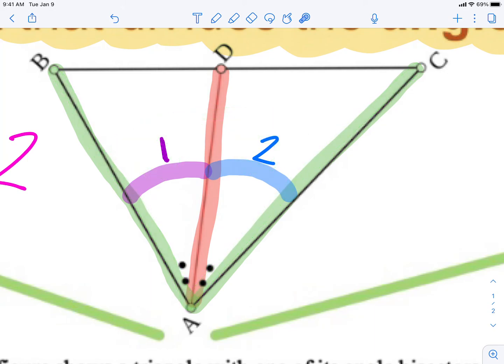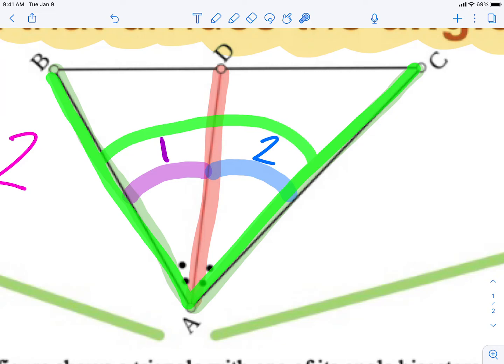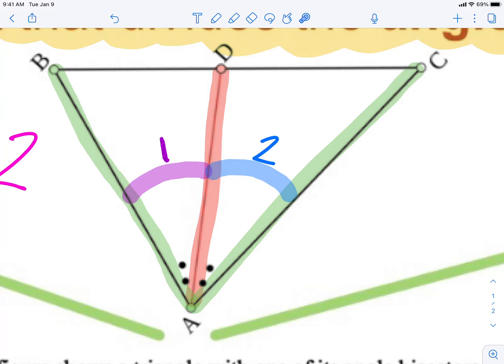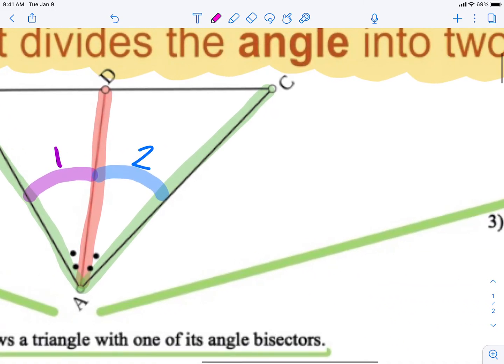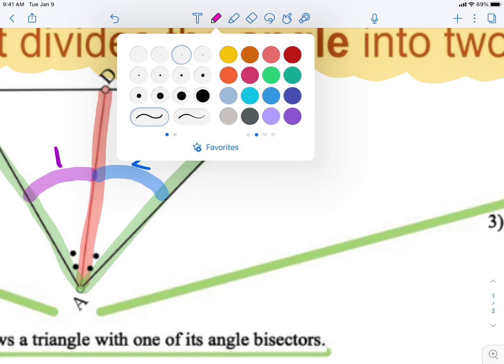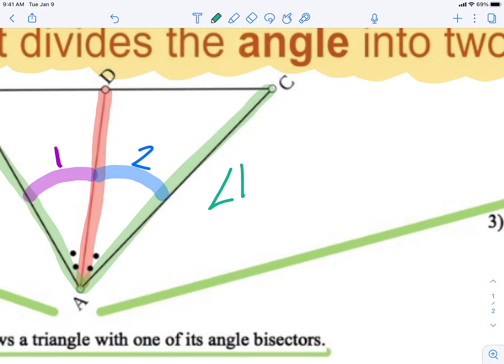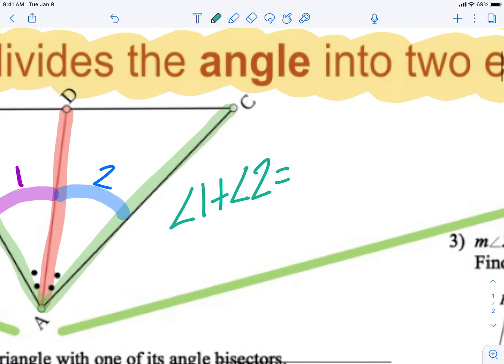So angle 1 plus angle 2 is equal to the big angle. Let me pick a different color. Angle 1 plus angle 2 is equal to the big angle.